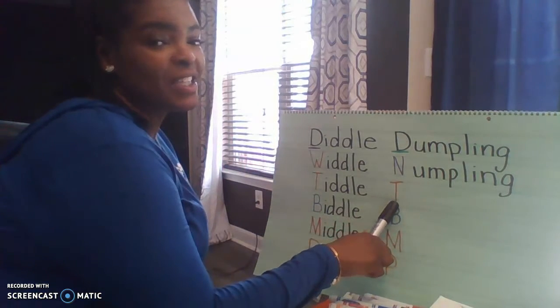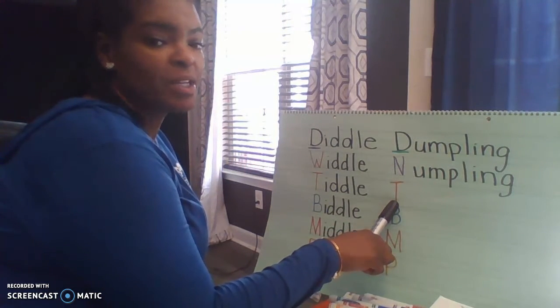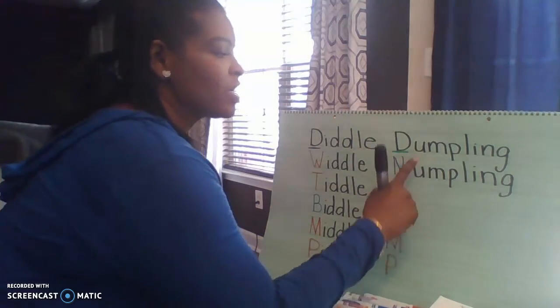So this is the letter T, and T makes the T sound. So we're going to add these letters.